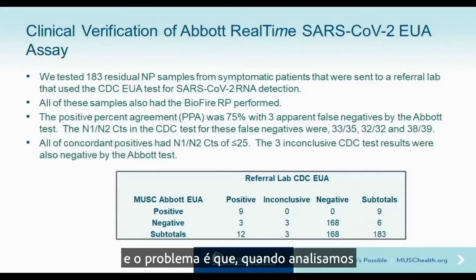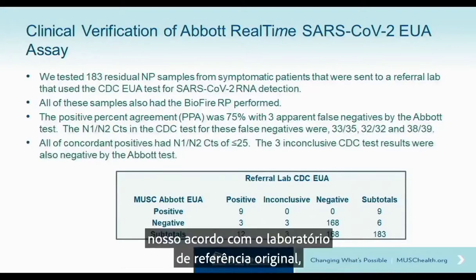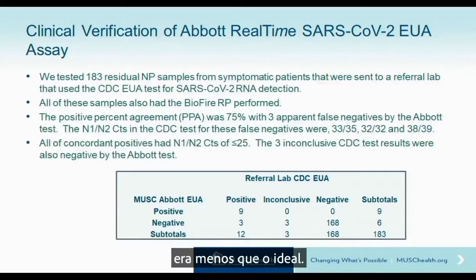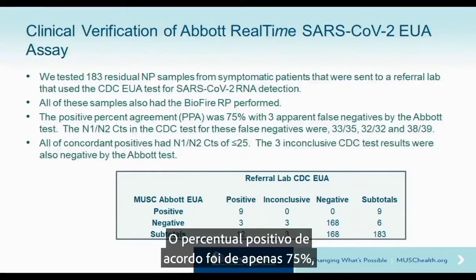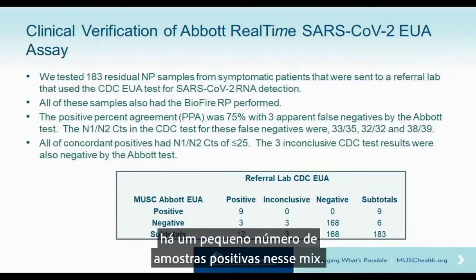The problem is when we looked at our agreement with the regional referral laboratory, it was less than ideal. The positive percent agreement was only 75%. There are a small number of positive specimens in this mix.